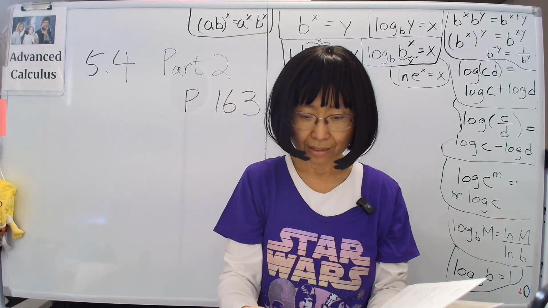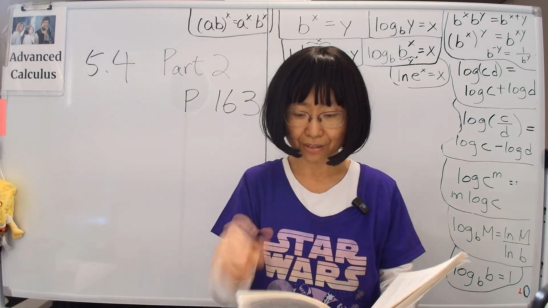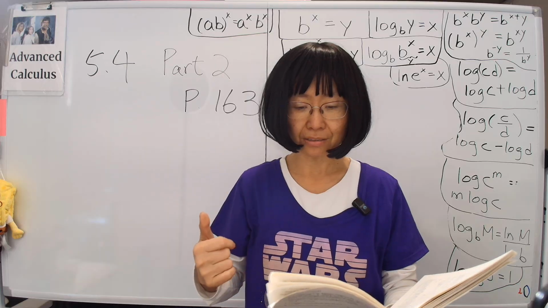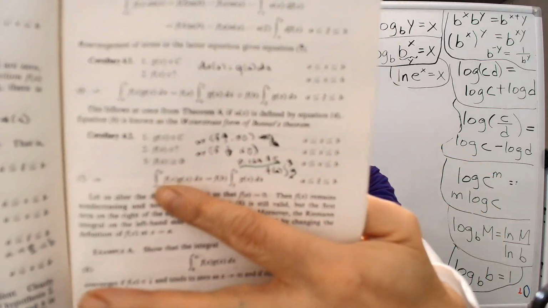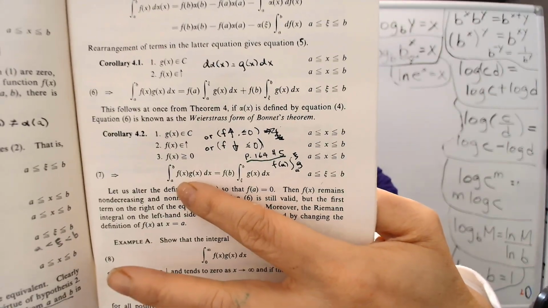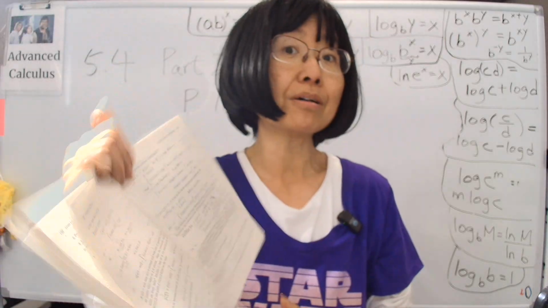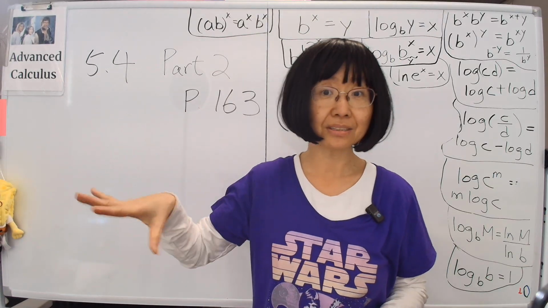Now, however, you have to take care of one point: if we change f(a) to 0, does that change the original integration, like over here? Does this change anything if f(a), instead of whatever it used to be, is now forced to be 0? Being that we're only changing one point, integration doesn't care about one point.